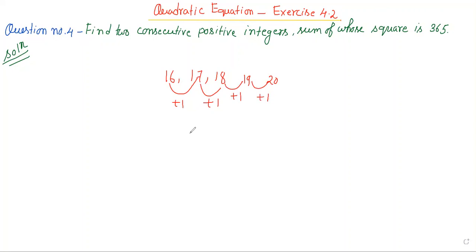So if we assume that one consecutive number is x, then the next number will be x plus 1. Why?